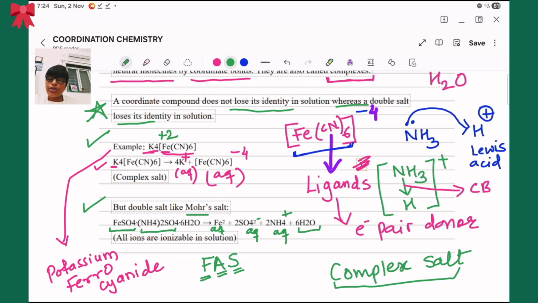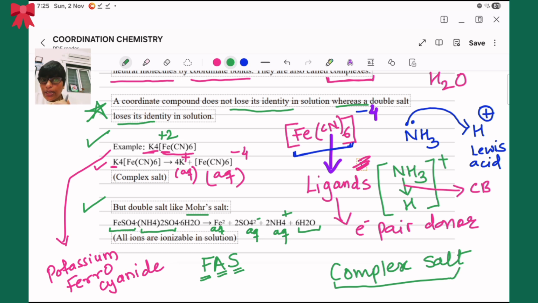So let's recap. What is a coordination compound? A compound which essentially contains a central metal atom or ion surrounded by negatively charged ions, positively charged ions, or neutral molecules, which are known as ligands, and connected by coordinate bonds.